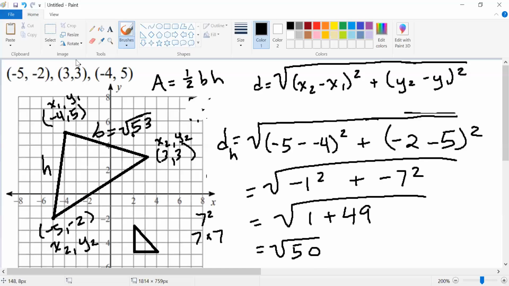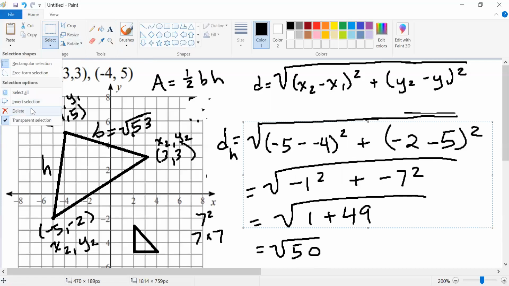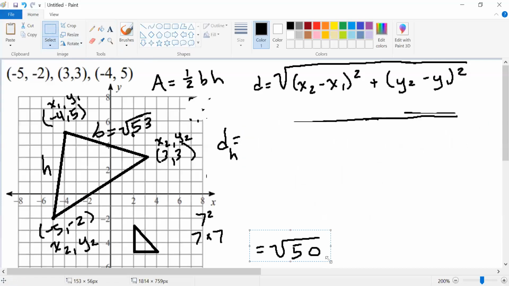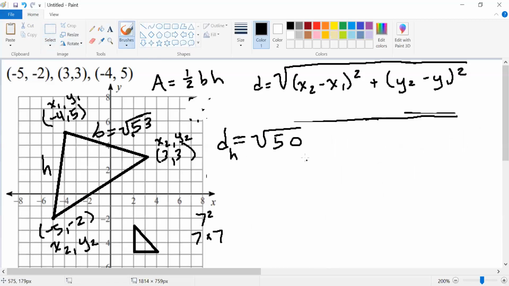Now 50, there's a lot of factors that go into 50. So this one I can definitely get into simplest radical form. So let's do that. To get things in simplest radical form, you just want to break down the factors of 50.